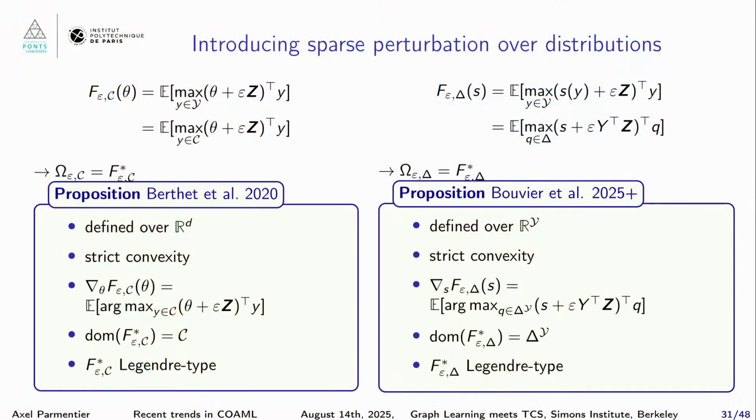And I am going to make this a little bit more precise. So the first thing is, okay, which regularization do you use? Maybe one of the main contributions to the topic was a paper from Berthet et al. in 2020. In the supervised learning case, they show that if you take as a regularization the Fenchel conjugate of the perturbed maximum, where Z is going to be a Gaussian random variable, you get a well-defined mirror function with very nice properties, and the very important property is the following: the gradient of your function is going to be the expectation of the argmax.